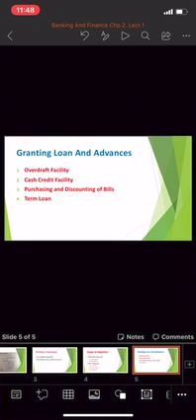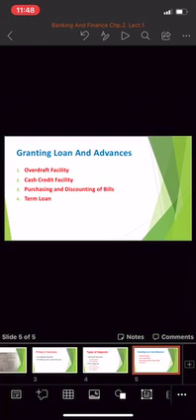So here are some types of loans and advances: overdraft facility, cash credit facility, purchasing and discounting of bills, and term loan. Overdraft facility. In the overdraft facility, current account holders like businessmen, traders or shop owners are allowed overdraft facilities.